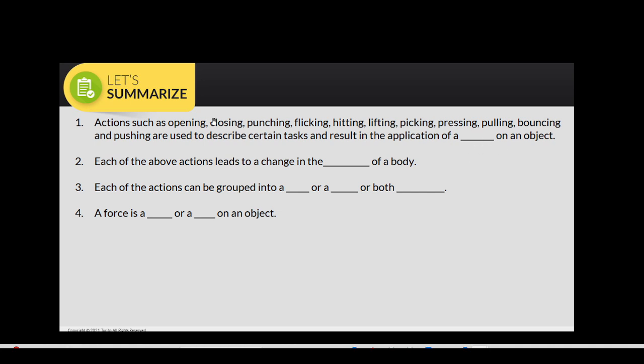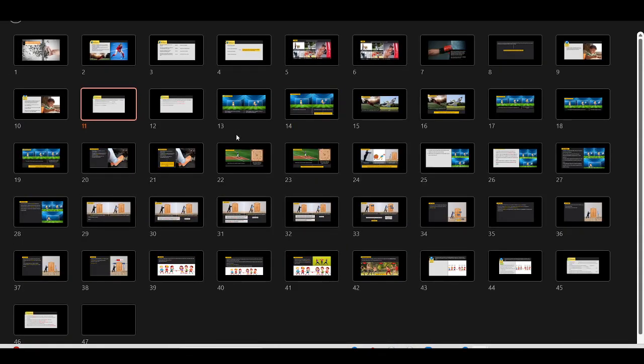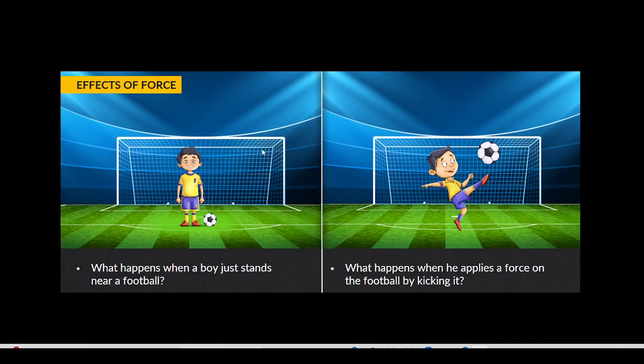So basically, force. So now we have seen what force is. Is that clear?